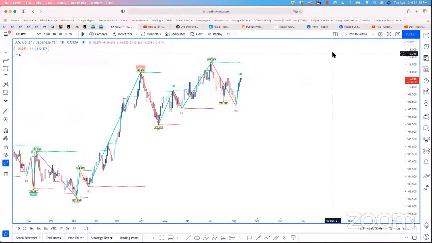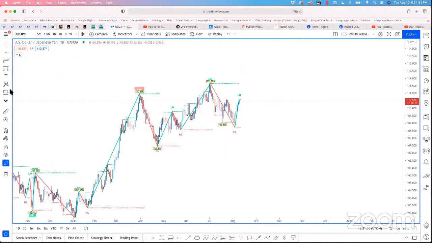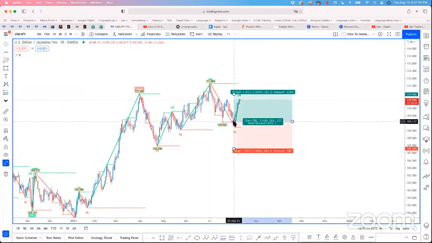So I'm in a buy. I got in at 110.257, a long position.